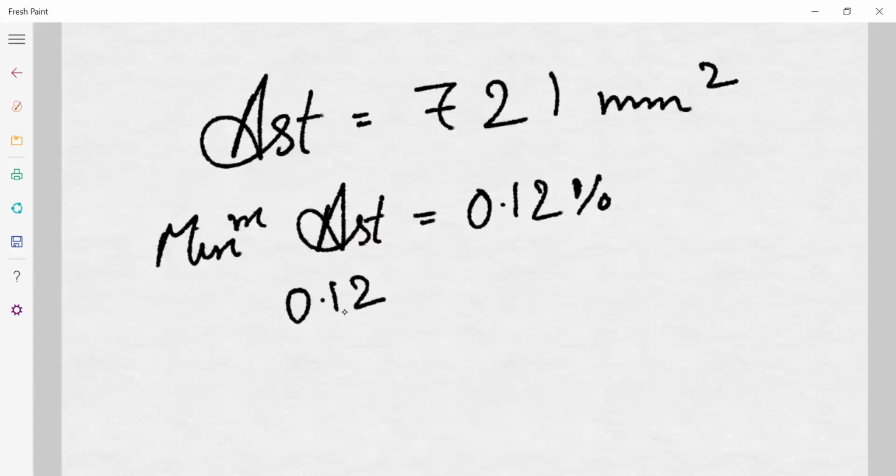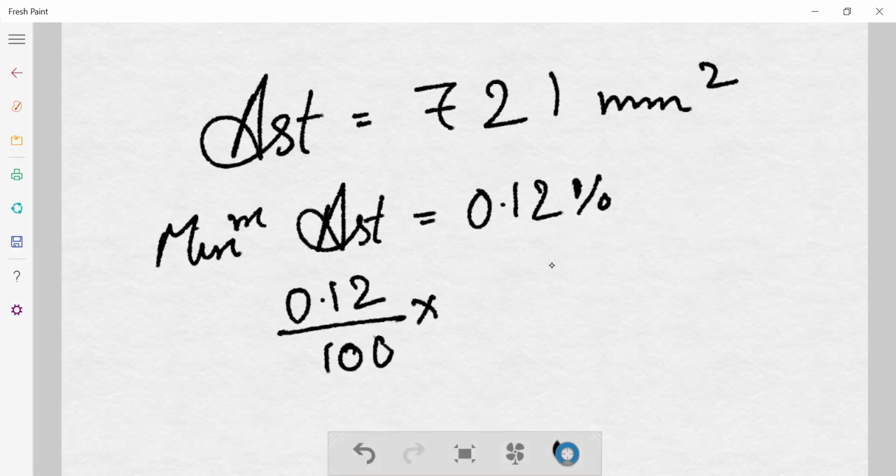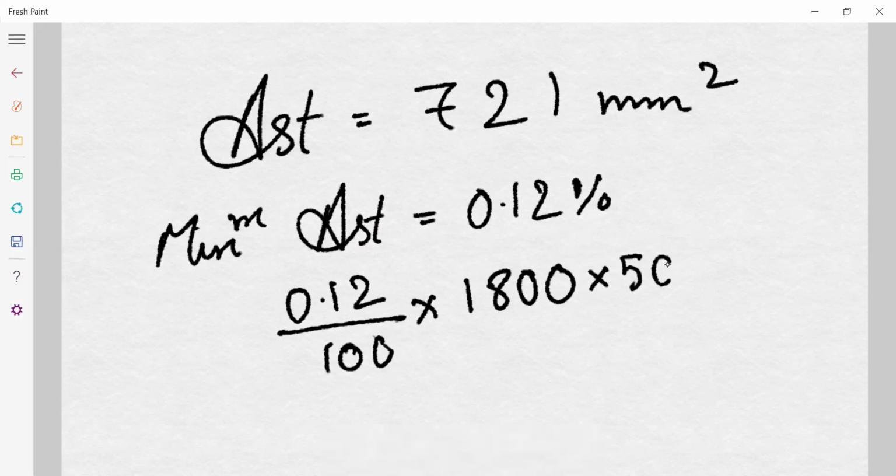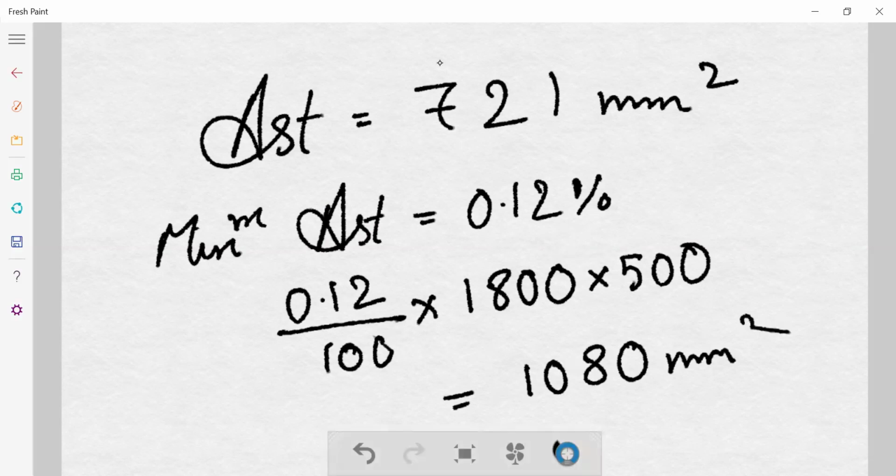So we'll check it: 0.12 by 100 into 1800 width into overall depth 500. And how much it is coming? It is 1080 mm square. So this much we have to provide anyway. Okay, I'll just check the value 0.0012 into 1800 into 500. Yes, this much we have to provide anyway.